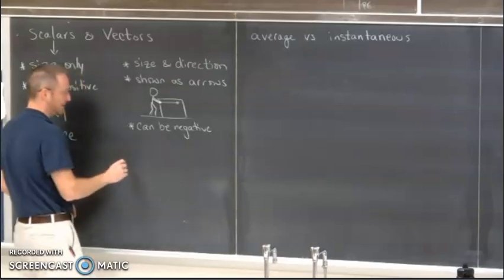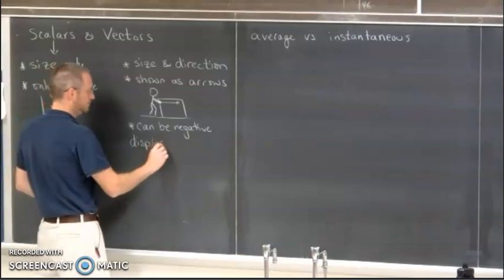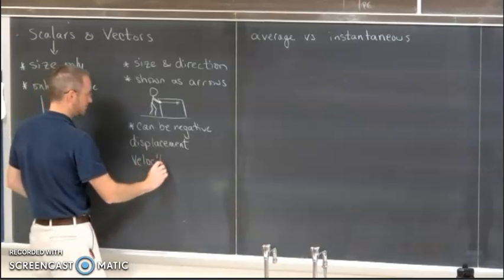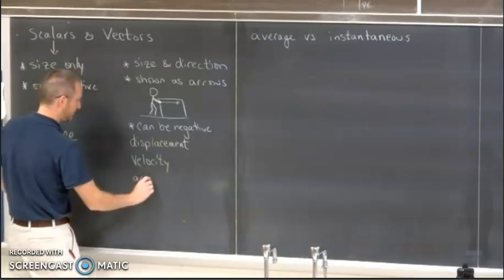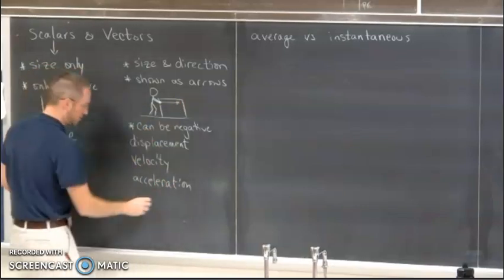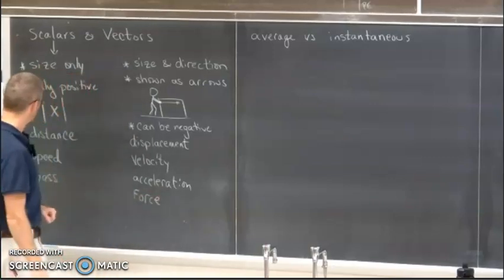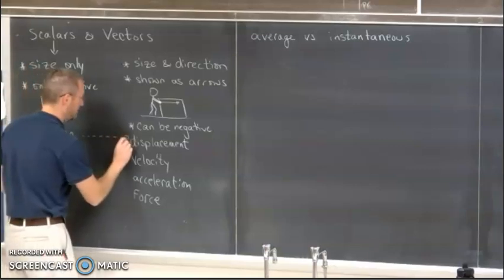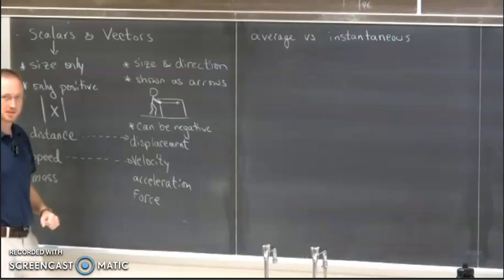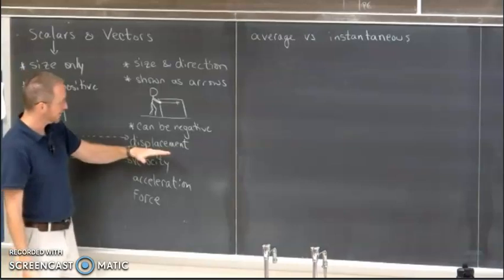So some examples of vectors are displacement, velocity, acceleration, and push. The technical physics word for push is force. Distance and displacement are related, just like speed and velocity are related. They're not exactly the same thing because it's not just we'll take a distance and throw a direction onto it.